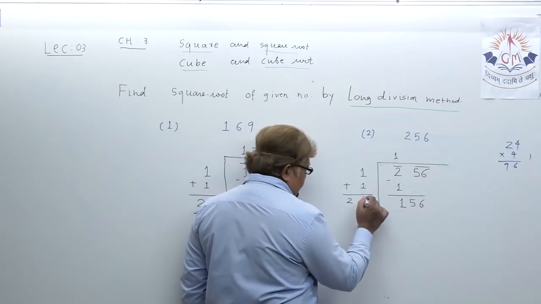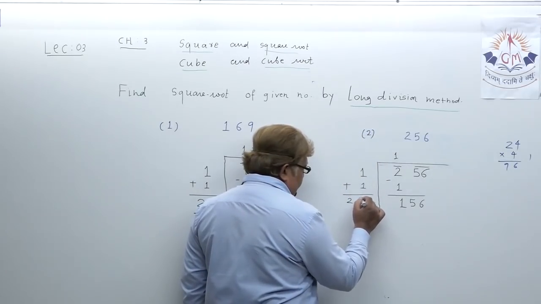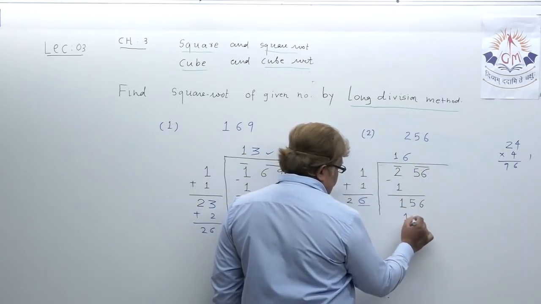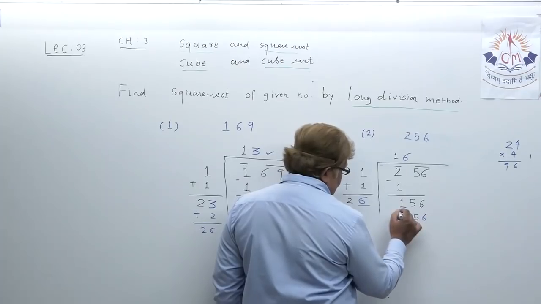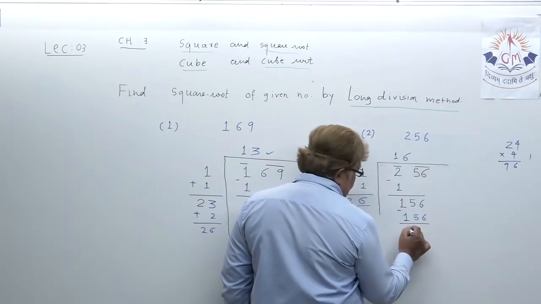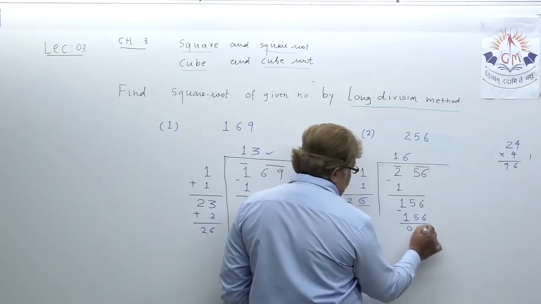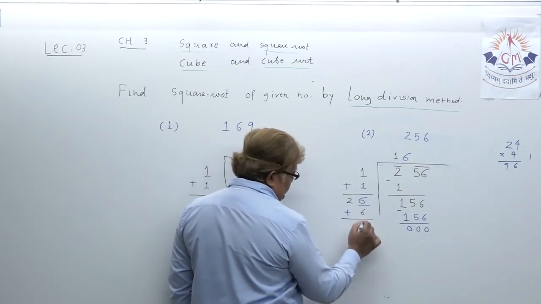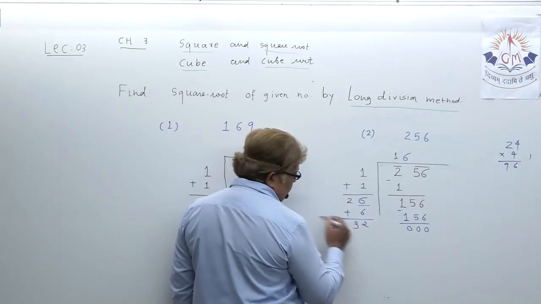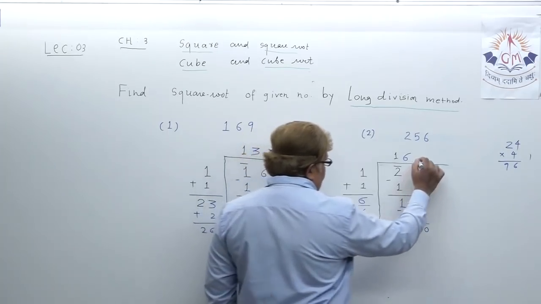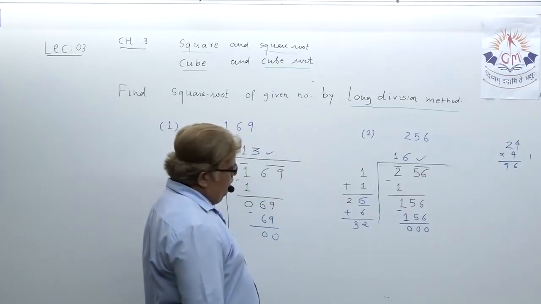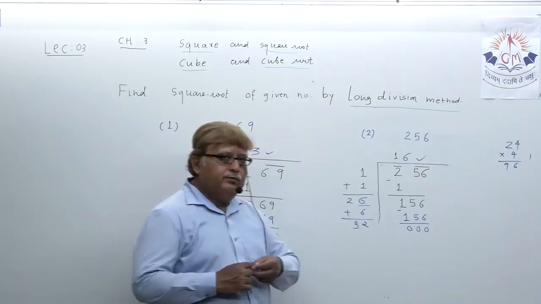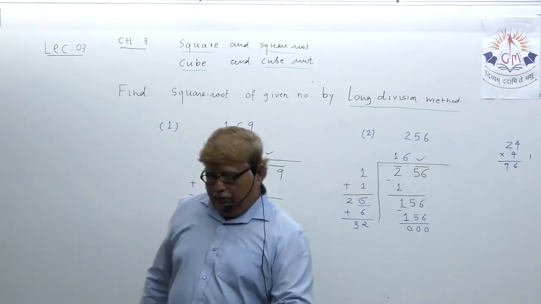Obviously, the remainder is 0. As per the process you have to add. Understood, right? And your final answer is here. 16 is the final answer we got. You understood this?